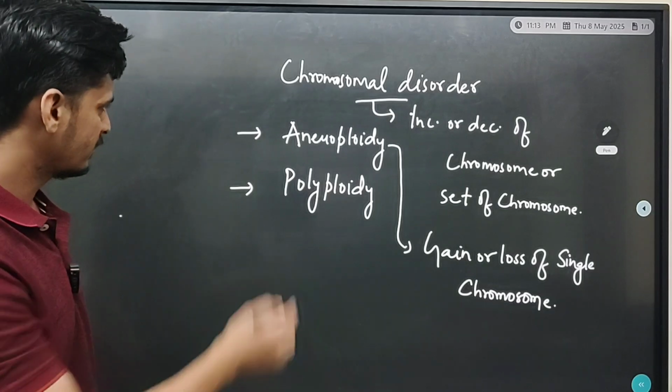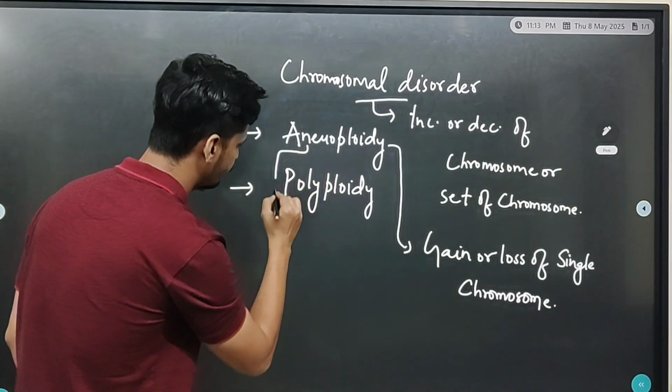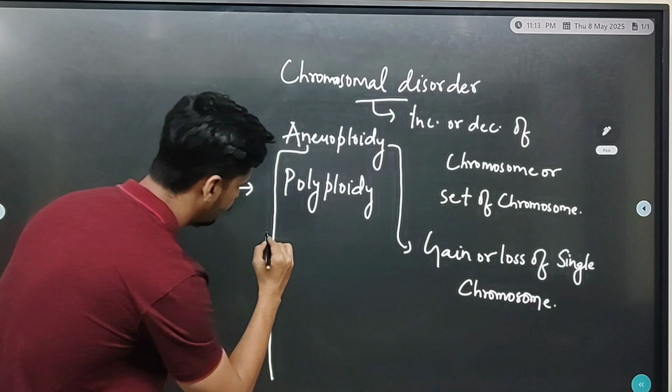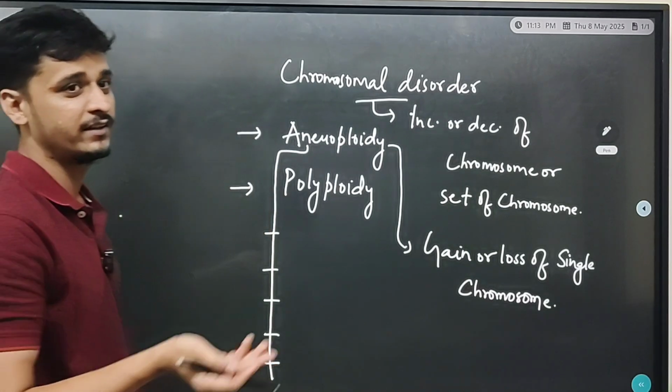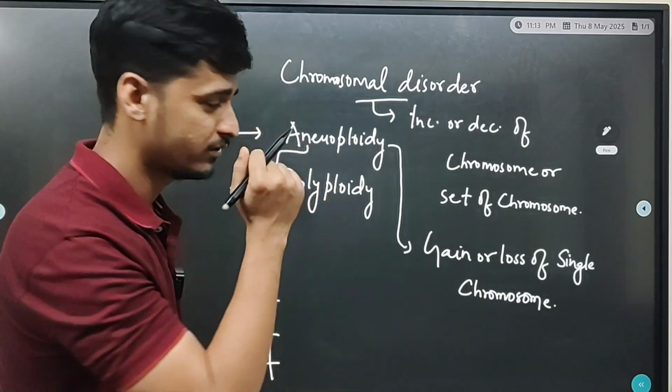So aneuploidy is generally of 4 different types, based on increase or decrease in chromosome during separation.